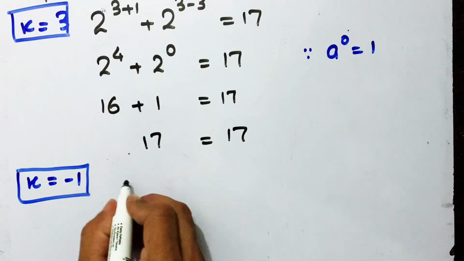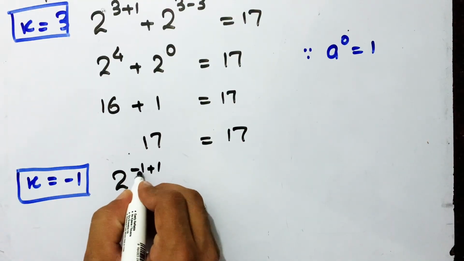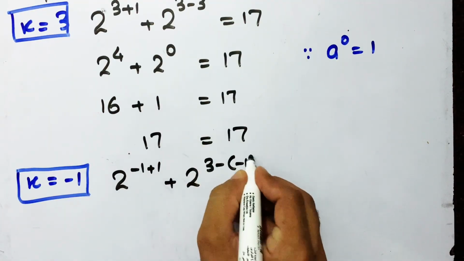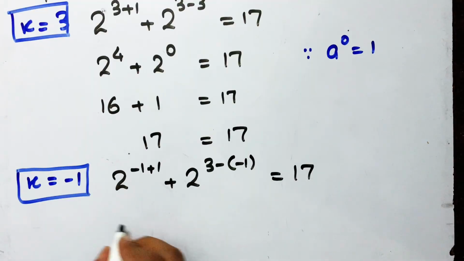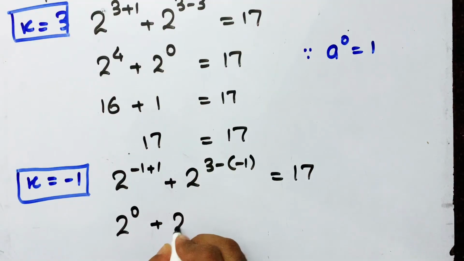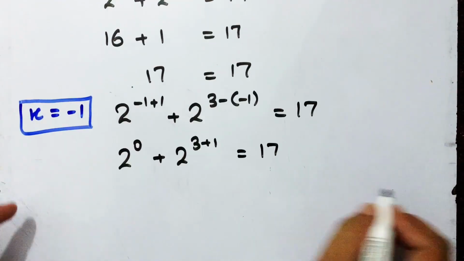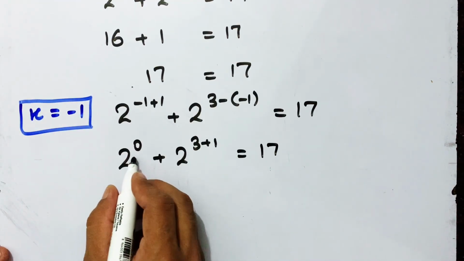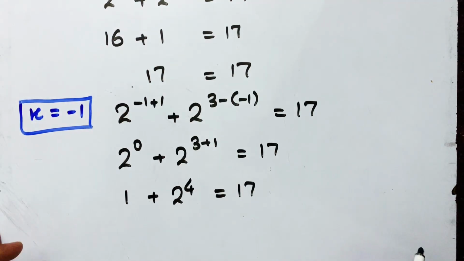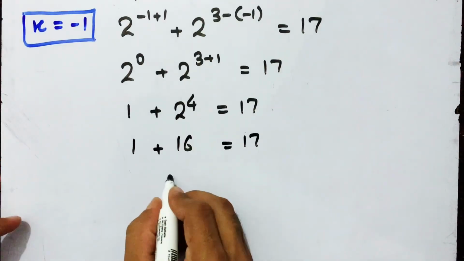So the equation becomes 2 to the power of minus 1 plus 1, plus 2 to the power of 3 minus (minus 1), equals 17. So 2 to the power of 0 plus 2 to the power of 4 equals 17. Anything to the power 0 is 1, so 1 plus 16 equals 17.